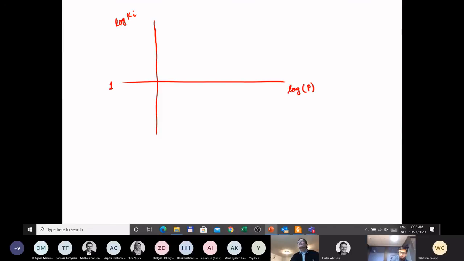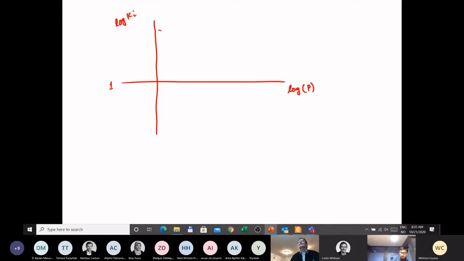And remember, when we were discussing these K values, that's your K value of 1, and that's log of Ki versus log of pressure.